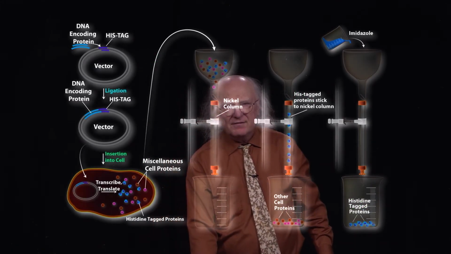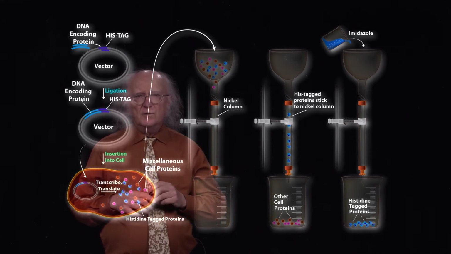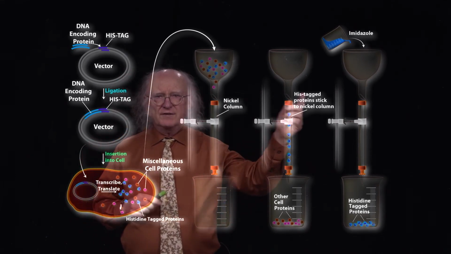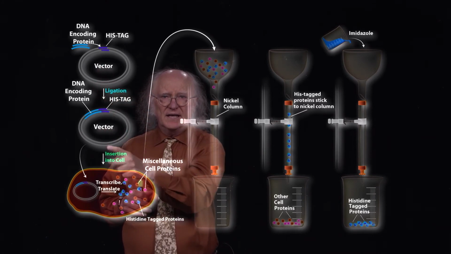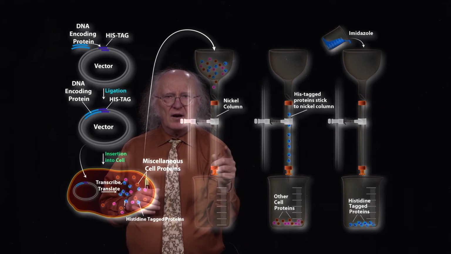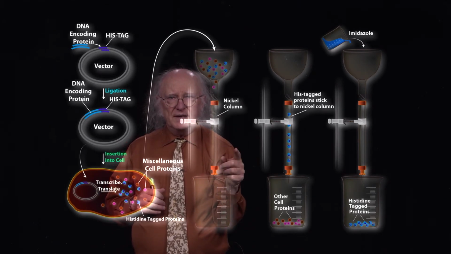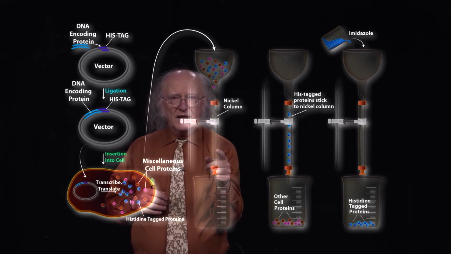Okay, now this figure depicts what I've just described to you in words, and it assumes that we've already gone through that process. So we've made our gene that contains this histidine tag on the end, and I now have a column that has those little beads, and in this case they're attached to atoms of nickel. Well, what's going to happen?